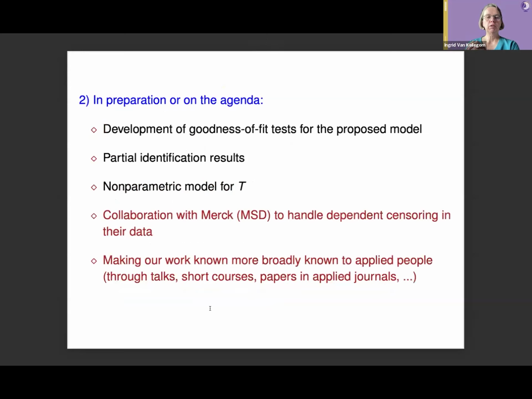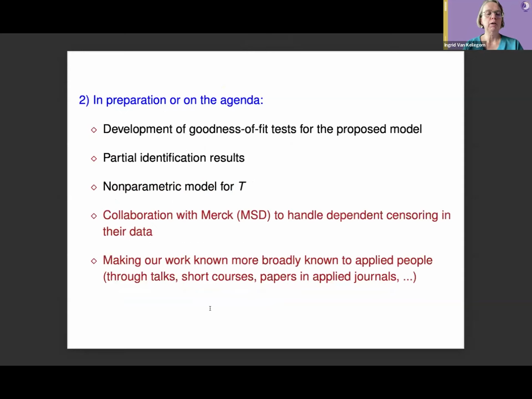Okay, this is my last slide. So it's on what is on the agenda or what we are currently working on together with mostly PhD students. So we are working on a goodness of fit test, because that's of course important, because you always have to make some assumptions.